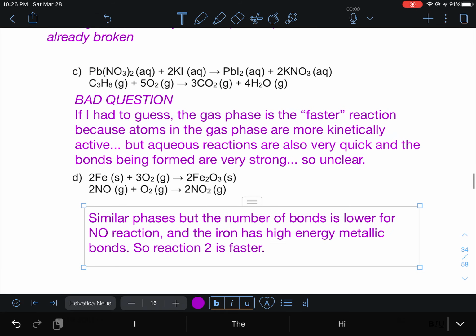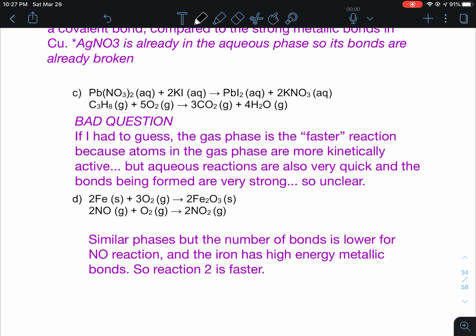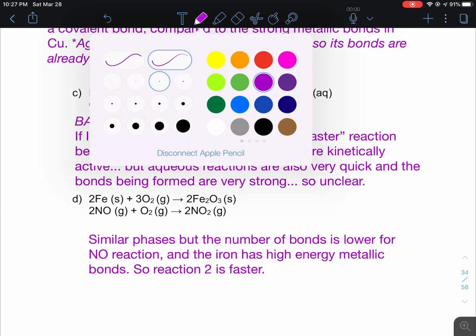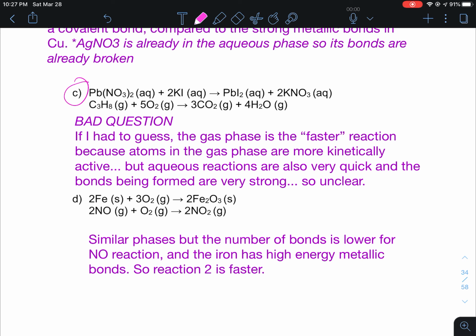Let's see, but could we compare these ones better? Could I think about this? I've got ionic bonds in the first one, covalent bonds in the second one. I have a lot more bonds in the second reaction for C. So I'm just looking back at C, to see if they had a secret answer that I'm not thinking of when they thought of this question. Okay, we have 2 ionic bonds.